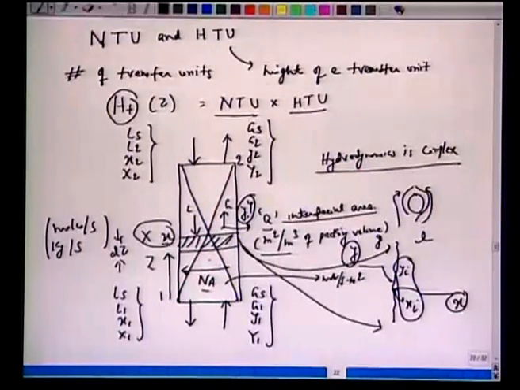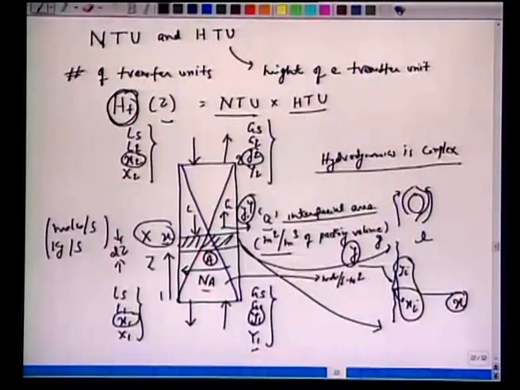There is a transfer of this species A, which is sulfur dioxide here for example, from the gas phase to the liquid phase. So, the concentration changes from y1 to y2 and the liquid picks up the sulfur dioxide and the concentration increases from x2 to x1. We have been asked to find out how long is the column, what is the height of this column HT or z, to achieve this, to reduce the concentration from y1 to y2.